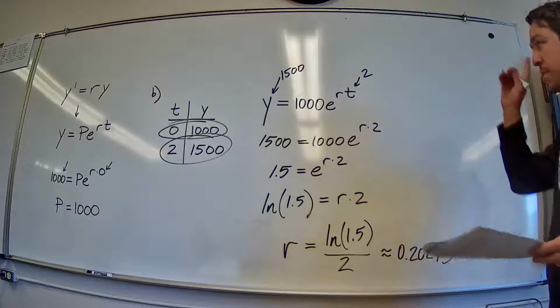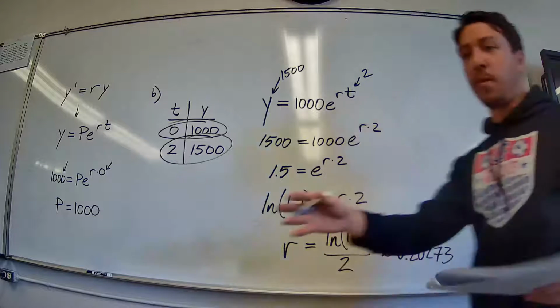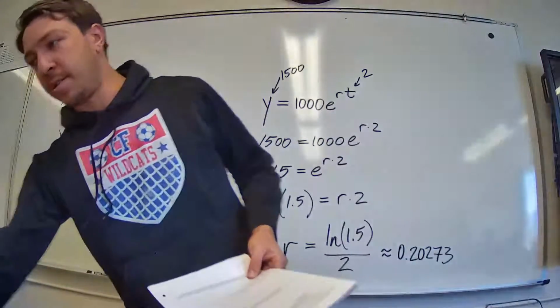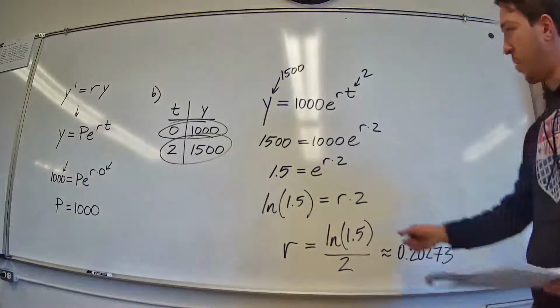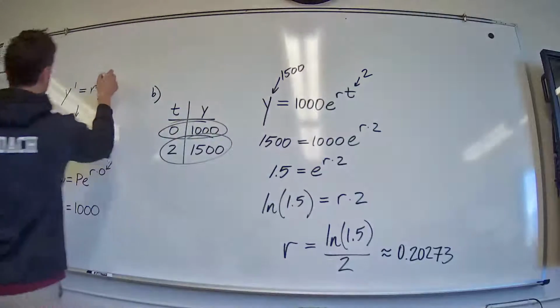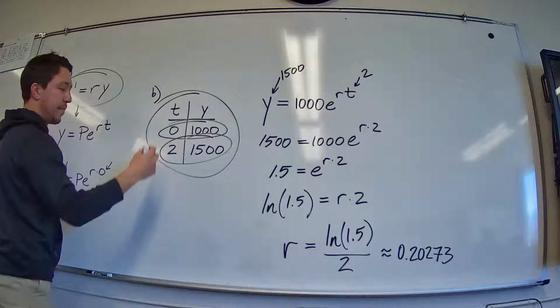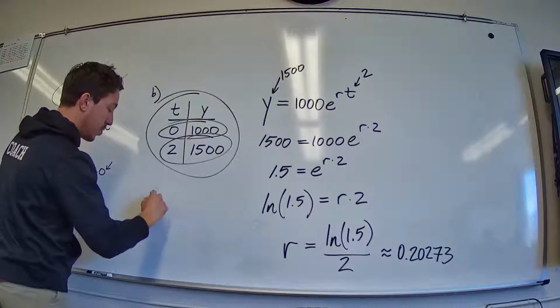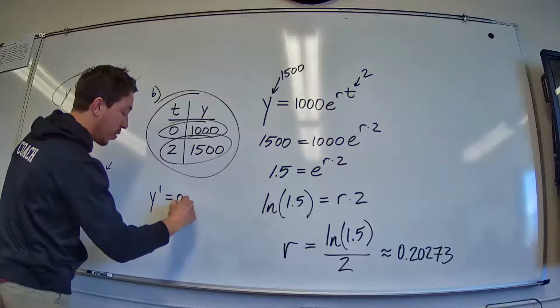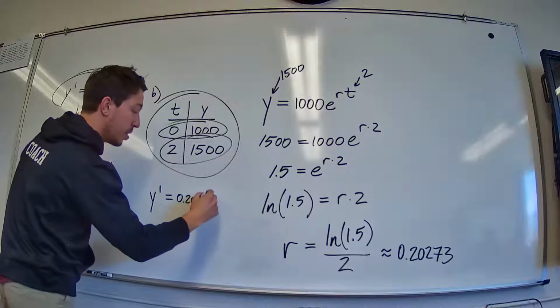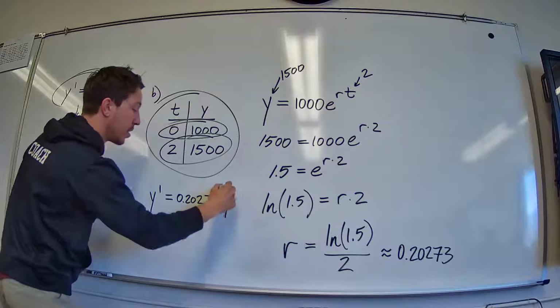Okay, here's a little side thought. This is important for later, and it's important now too. Let's go back to the very beginning and say, based on this data, the differential equation was y prime equals 0.20273y.